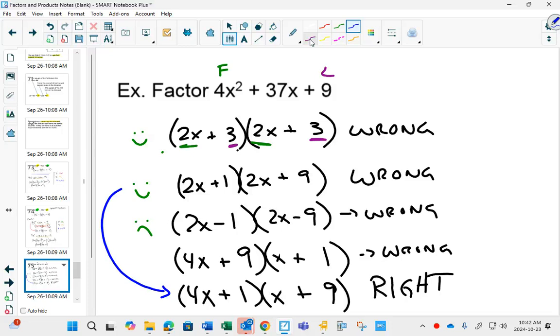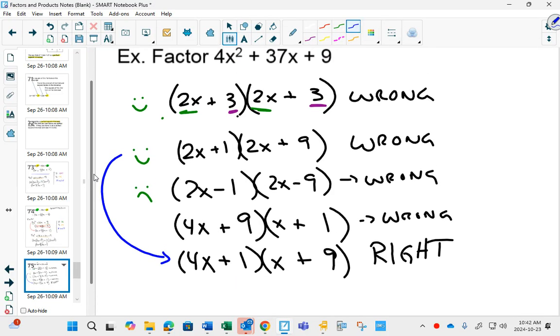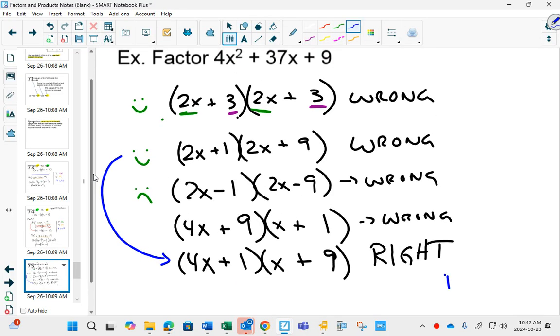Compared to the grouping method, okay, grouping method here, your product is 36, your sum is 37. Can you see the 2 numbers that do that? 36 and 1. So then you would break up that middle number, 4x squared plus 36x plus 1x plus 9.